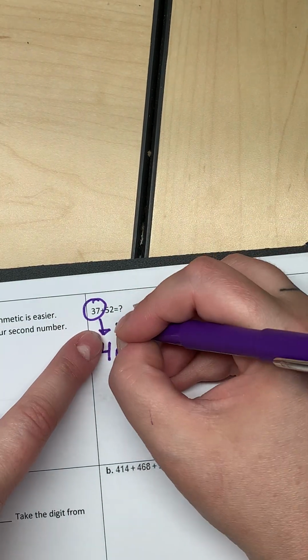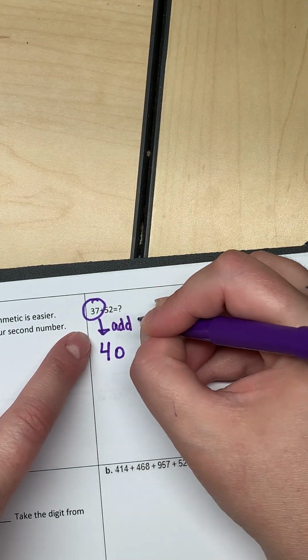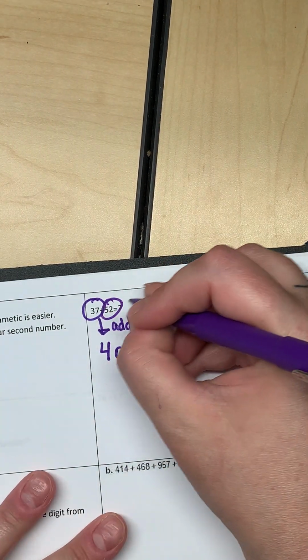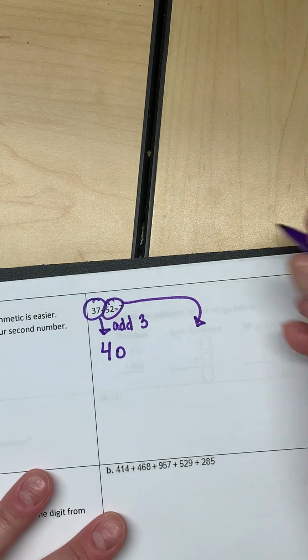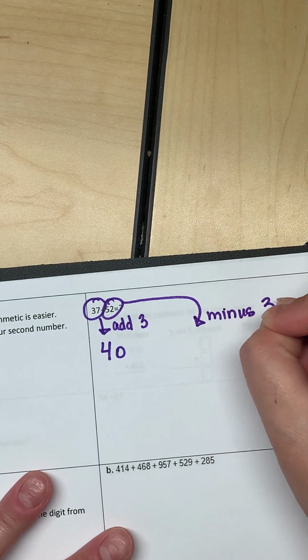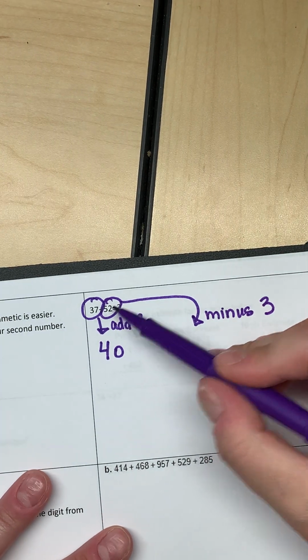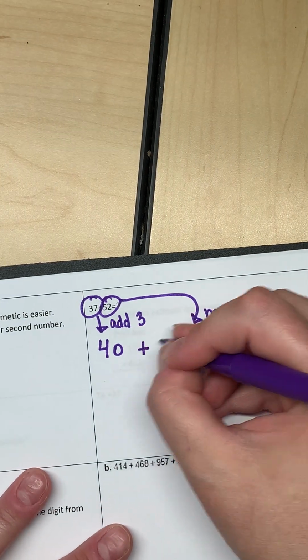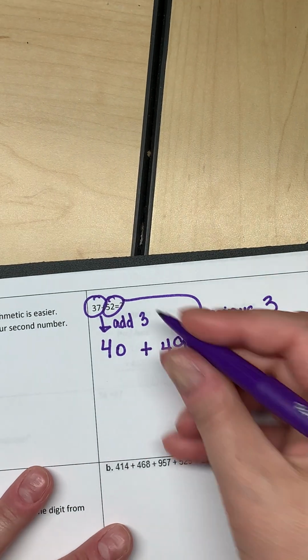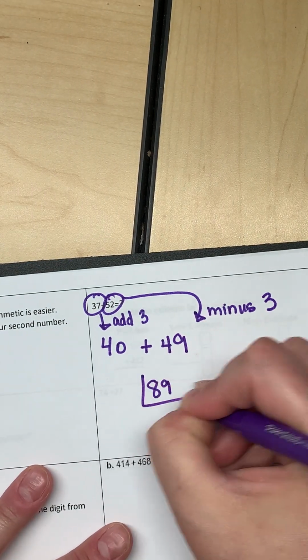And to get to that 40, I had to add 3. So now I'm going to change this 52 by doing the opposite of that, minus 3. So 52 minus 3 is 49. Then 40 plus 49 is 89.